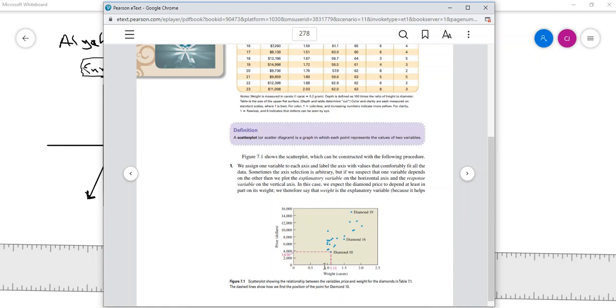We start here and go to the right to 2, and we go straight up and it looks like it is about 11,000. So this point would be (2, 11,000). The carat weight would be 2 and it would cost about $11,000. That's a lot of money, right?